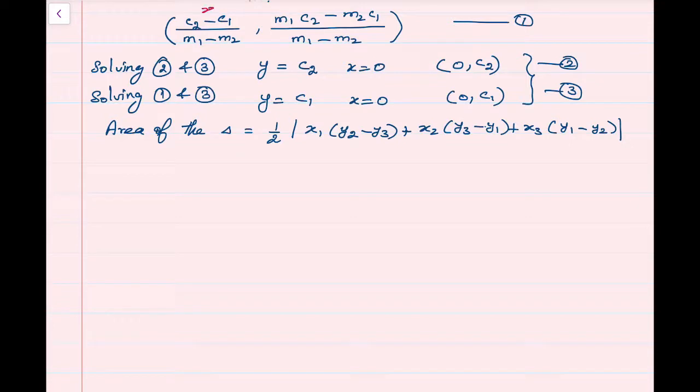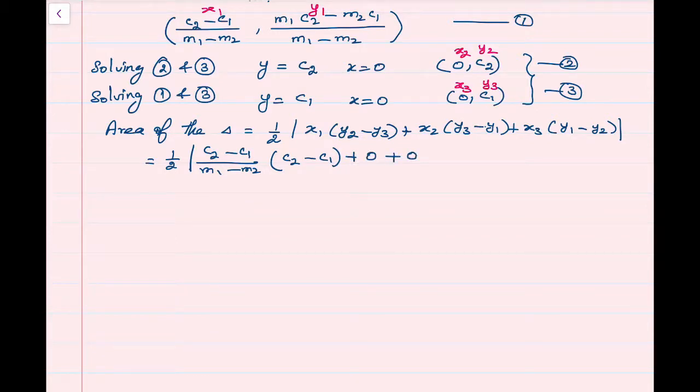We will take this as x1 y1, the second point as x2 y2, and the third one as x3 y3. Therefore, the area will be half into the absolute value of c2 minus c1 divided by m1 minus m2 times y2 minus y3, plus x2 is 0, so the second term is 0, x3 is 0, therefore the third term is also 0.